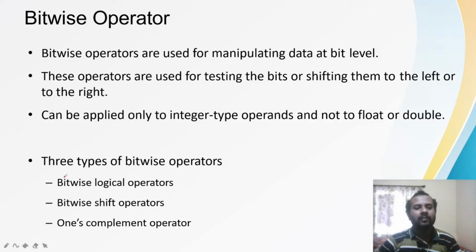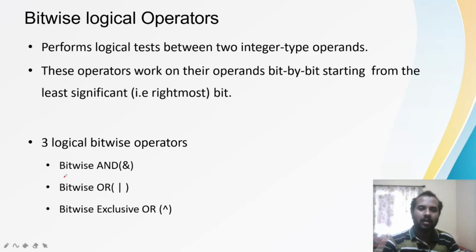Before going to the bitwise operators, try to remember the bitwise operations that were present in computer organization, because the same thing will be repeated here. Bitwise logical operators perform the logical test between two integer operands.